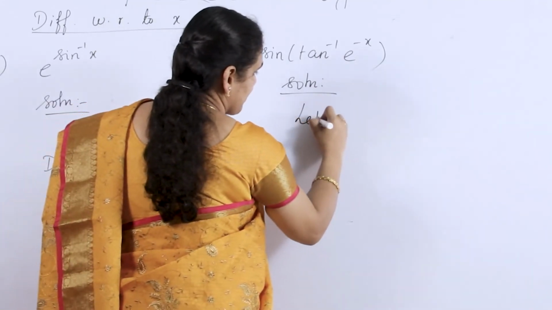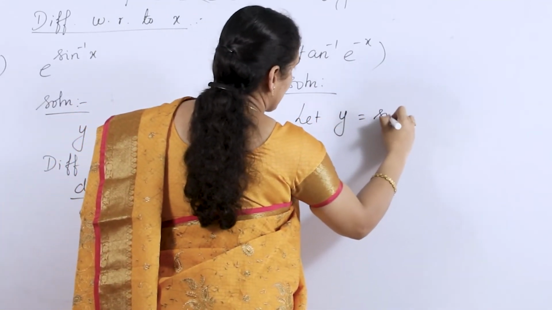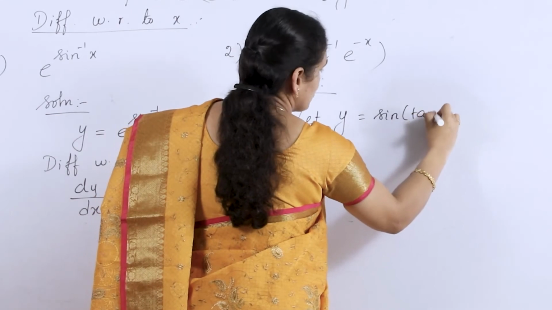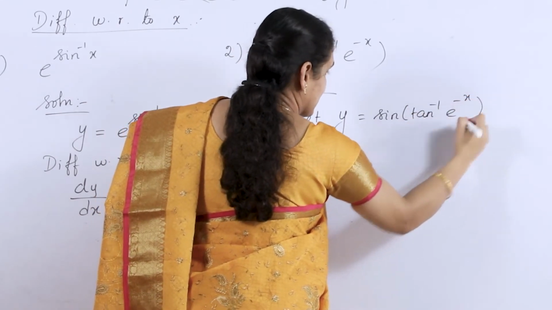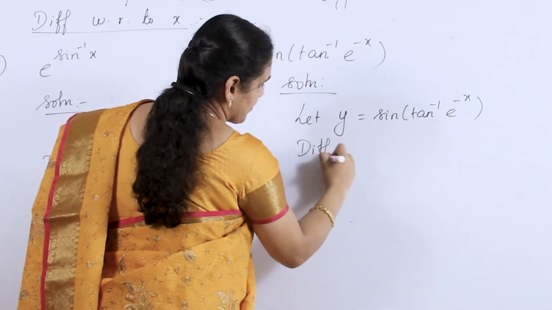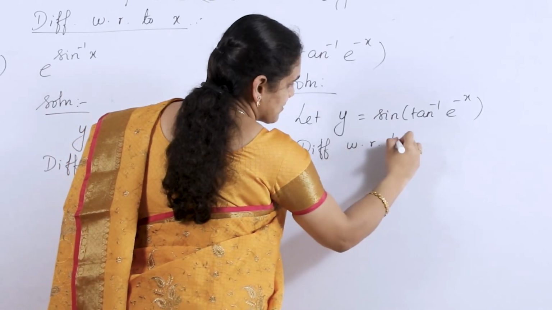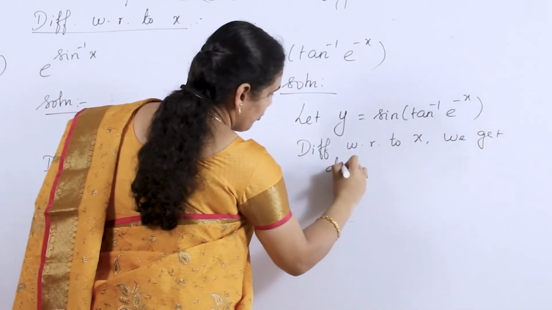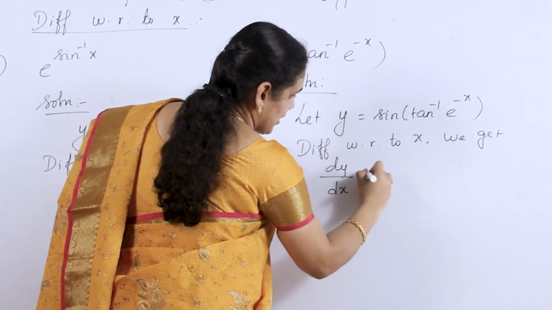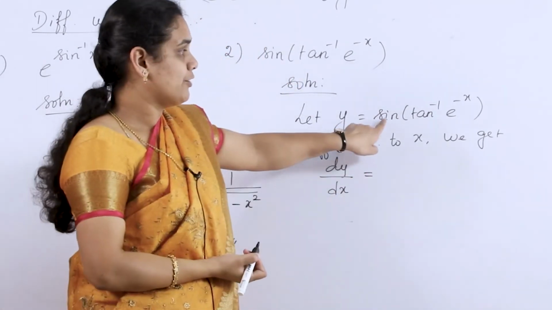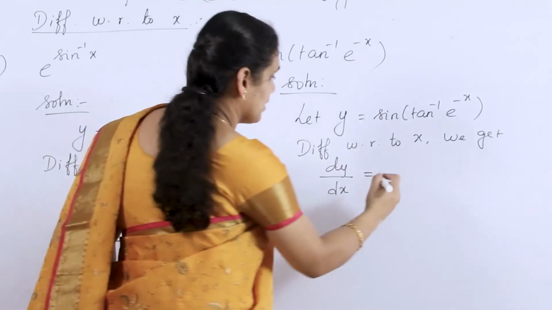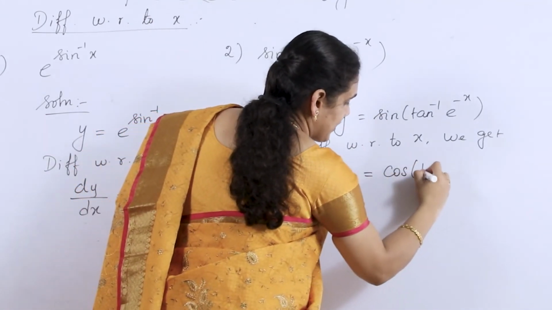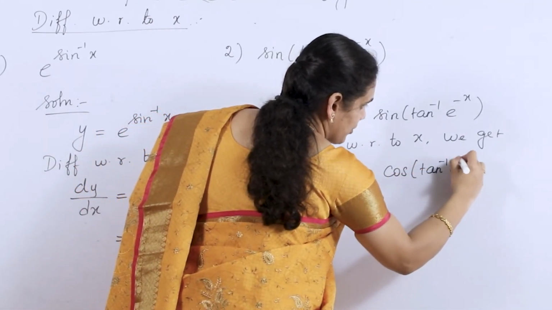So let y is equal to sine of tan inverse of e to the power minus x. Differentiate with respect to x, we get dy by dx is equal to, derivative of sine is cos. So cos tan inverse of e to the power minus x.